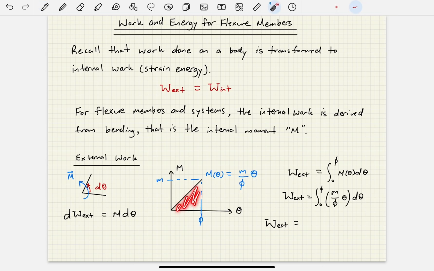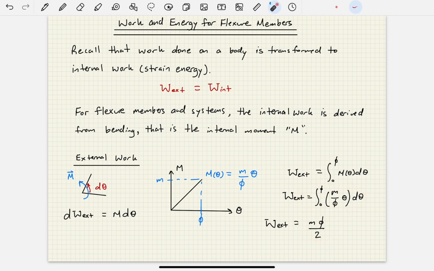The area beneath this linear segment, which is just a triangle. So if I evaluate this, I should just get m phi over 2, right? One half times base times height, all right? And this is an expression for external work done by a moment rotating through an angle. Now, if you want to brush up on your integration, maybe pause the video and make sure you can evaluate this integral and get to this same value, okay?